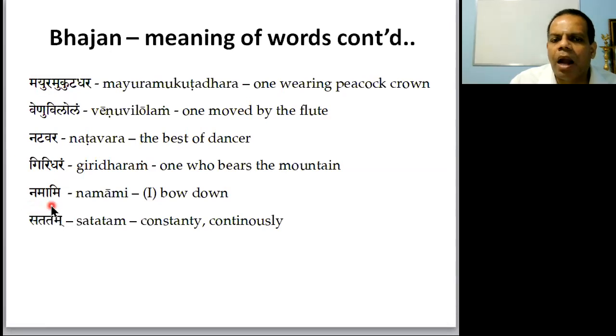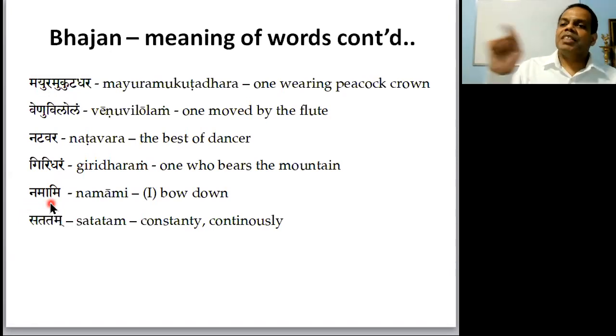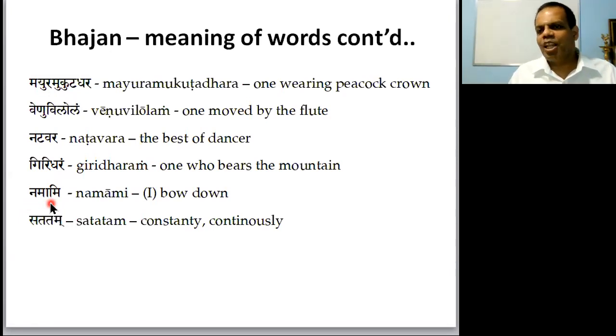Namami. Namami means I bow down. Nama is bowing, the act of bowing. Namami is used when someone says I am bowing down. Okay. For somebody else bowing down, you will say that person is namati. In this case, namami.